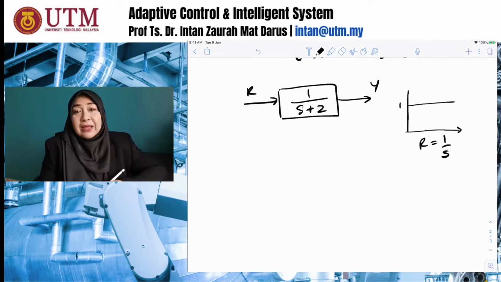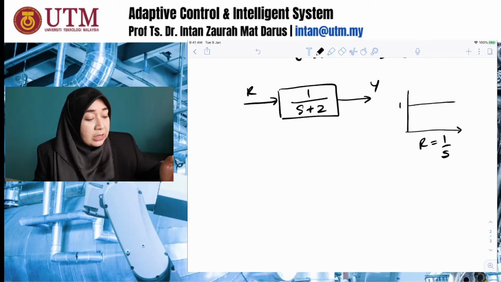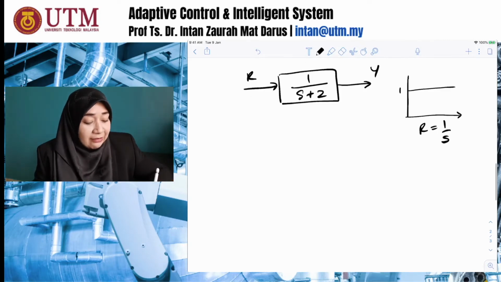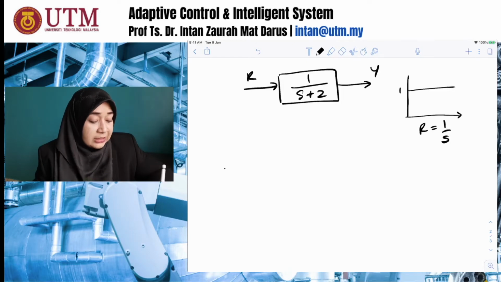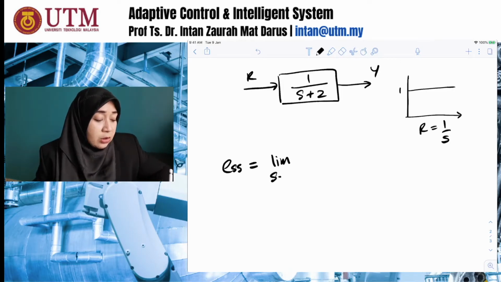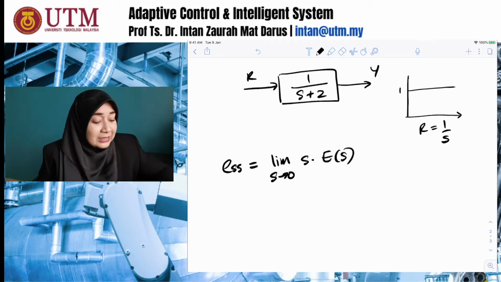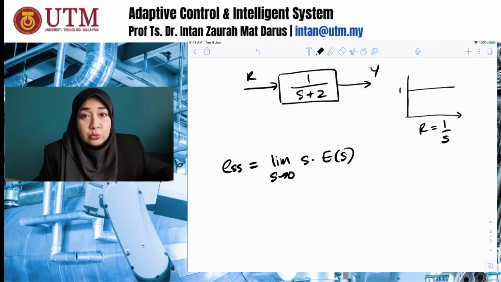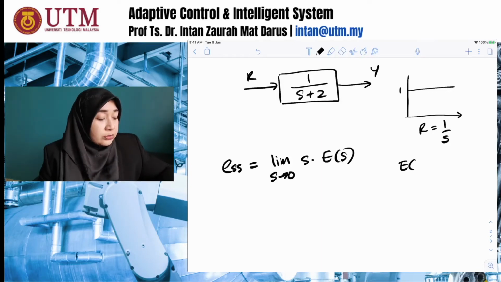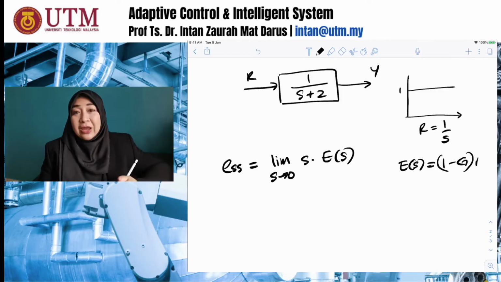Let's apply that to our system. According to the final value theorem, steady state error is defined as the limit as s goes to 0 of s multiplied by E(s). And the E(s) we're going to use when the system is open loop is 1 minus G multiplied by R, the way we have defined earlier.